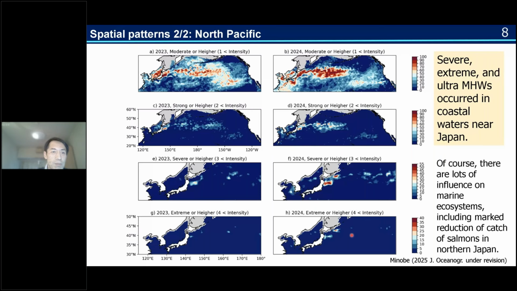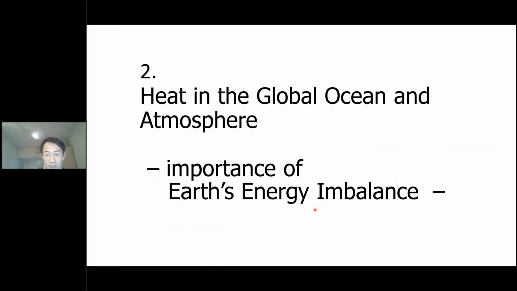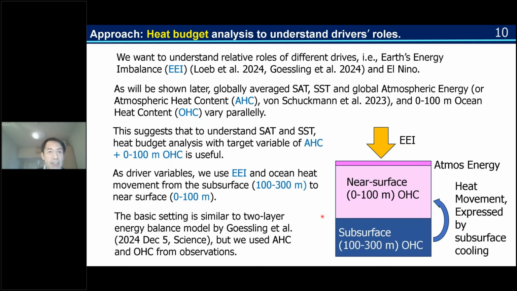In the second part, I'd like to understand the cause of these anomalous heat conditions in the global oceans. I introduce a heat budget analysis to understand the drivers' roles.